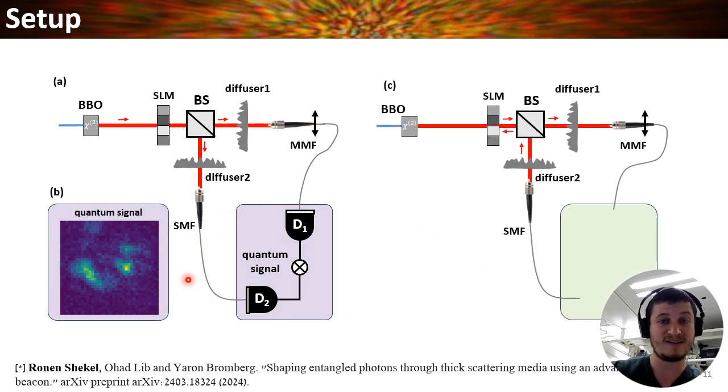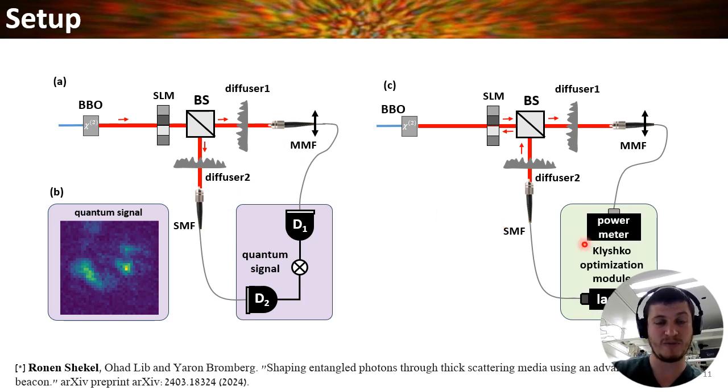Now we take the exact same setup, and the fibers that till now collected the single photons will now be connected to a classical laser and to a power meter. In addition, we of course will add, with some flip mount, a mirror in the crystal plane. Light will be emitted from the laser, will reach the crystal plane, will be reflected, and will finally be measured after propagating through the second diffuser using the same collection fiber from the quantum experiment.